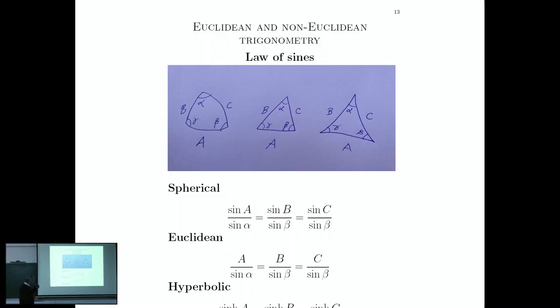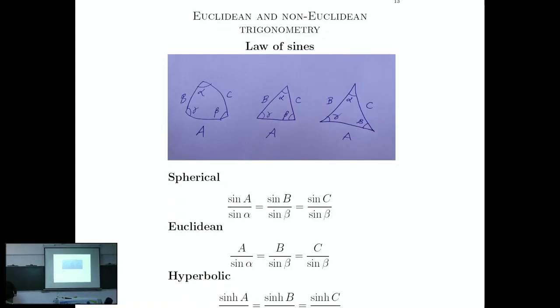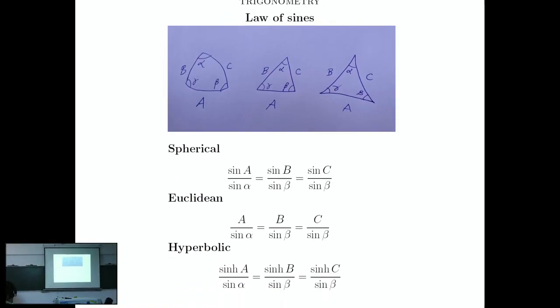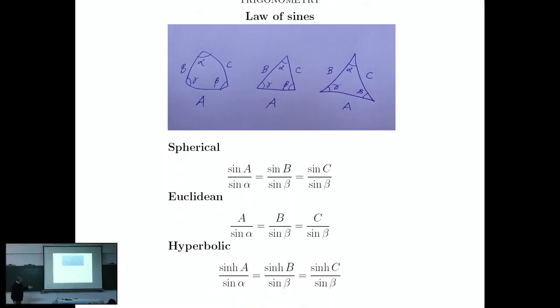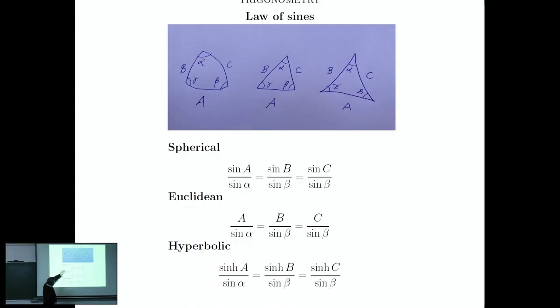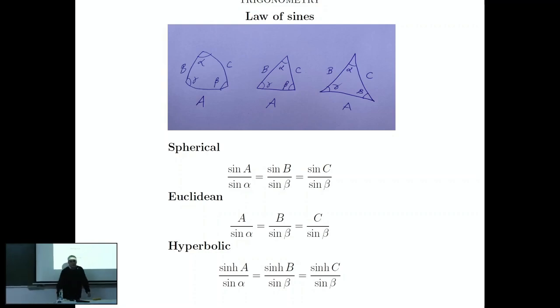Okay, so I have an example here of a trigonometric formula, which is the law of sines. So we have big A, big B, big C, the lengths of the sides, and then alpha, beta, and gamma, which are the angles.